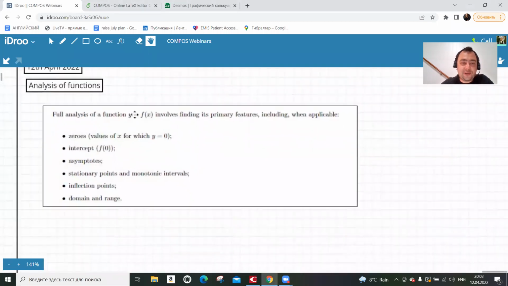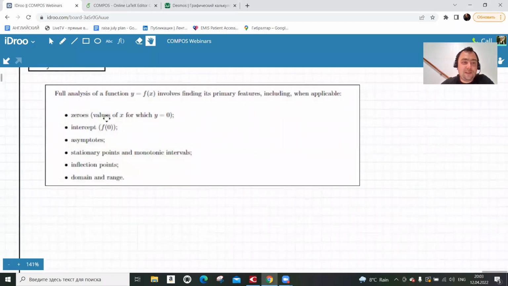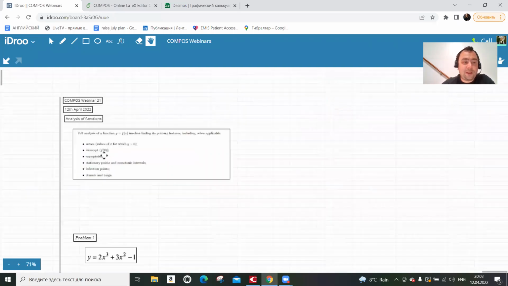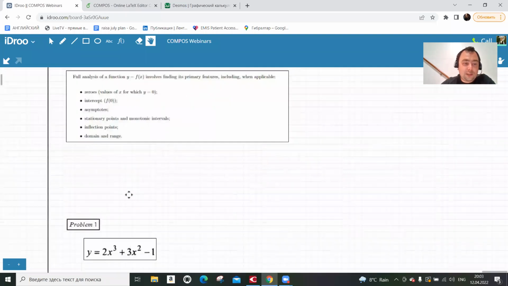For analysis of a function, we find its primary features, including zeros, where y is 0, the intercept, where x is 0, the asymptotes, the stationary points and monotonic intervals, inflection points, domain, and range. You don't have to do all of them in order to analyze a function. The result of analyzing a function is usually a graph.